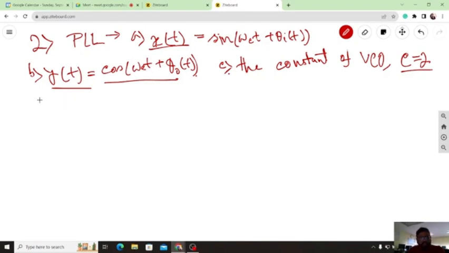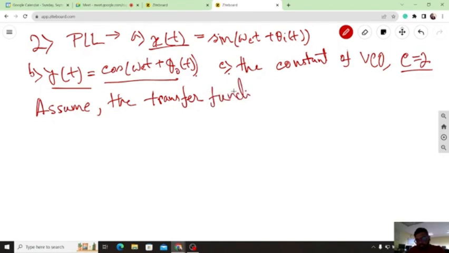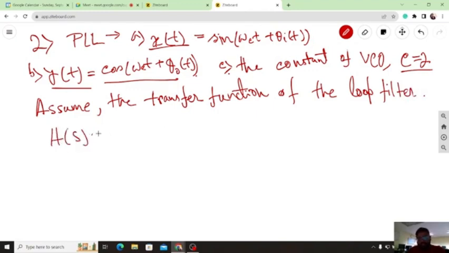Now the question says to assume the transfer function of the loop filter used in the PLL, that is H of s, is equal to 1.